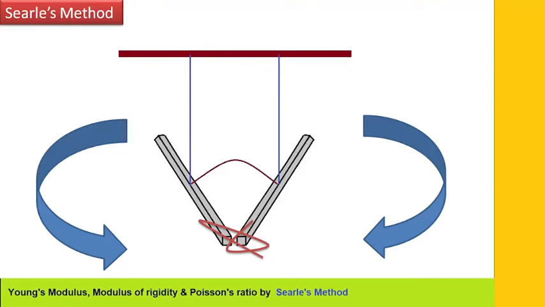One of the ends of bar 1 and one of the ends of bar 2 are tied with a thread in this manner. Now there is a potential energy.